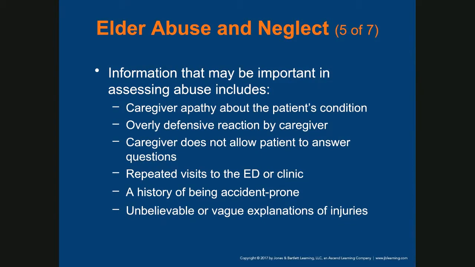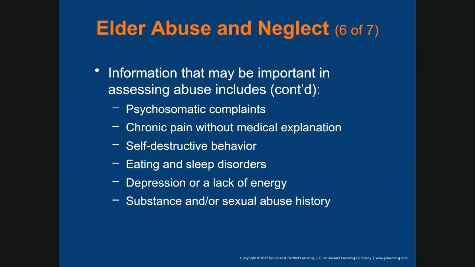Repeated visits to the ED or clinic, a history of being accident prone, unbelievable or vague explanations of injuries. Psychosomatic complaints, chronic pain without medical explanation, right? Self-destructive behavior. They start to have problems with eating and sleeping. Depression or lack of energy, substance or sexual abuse history.